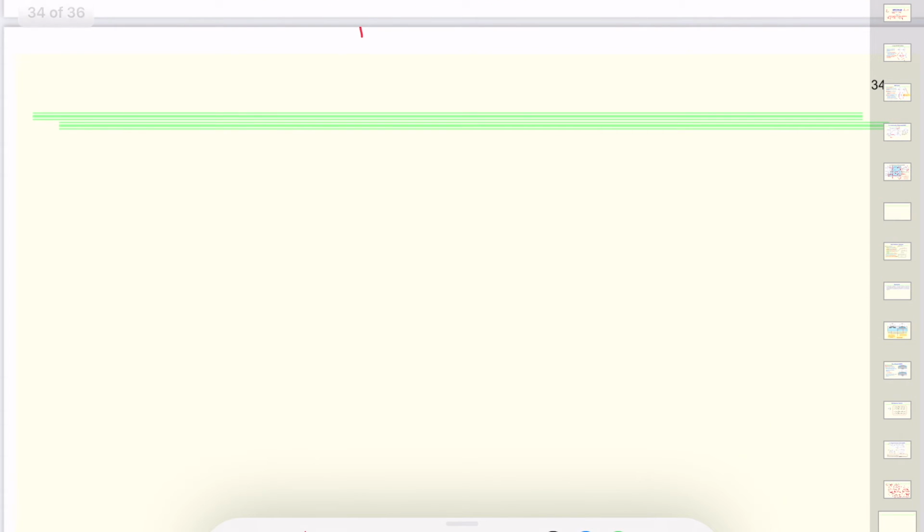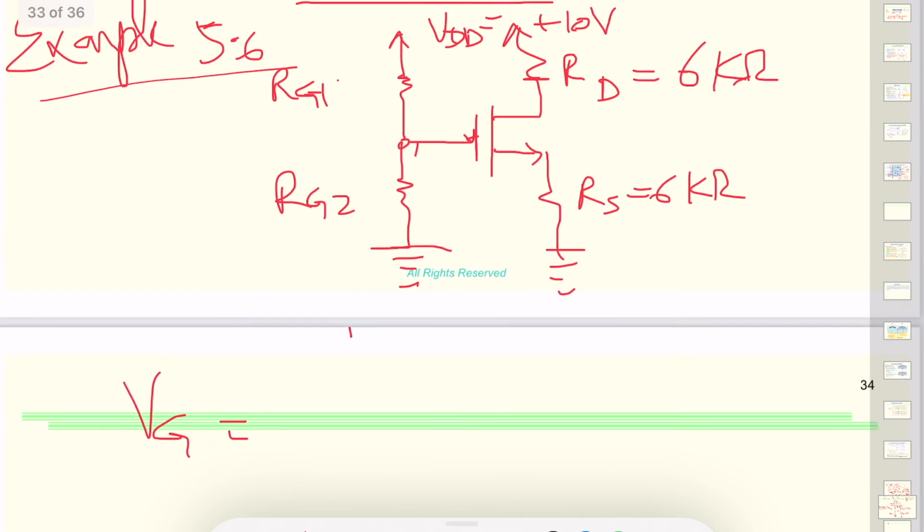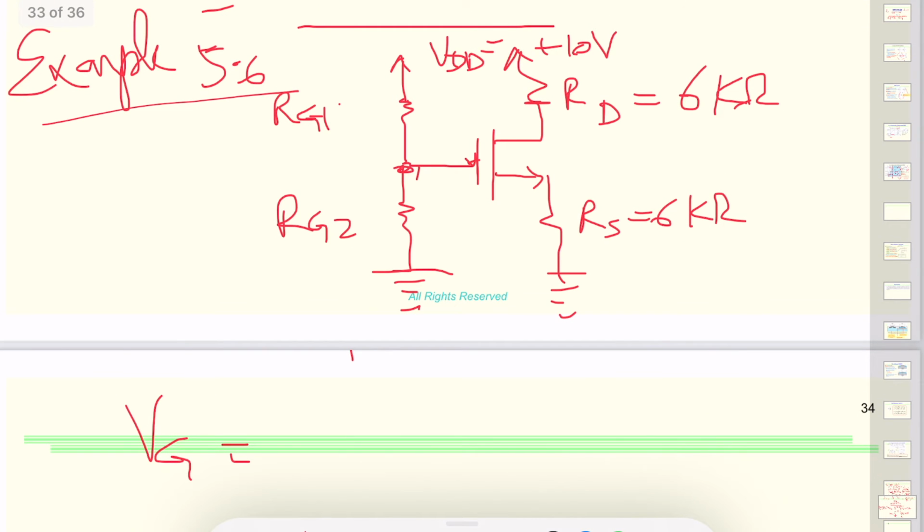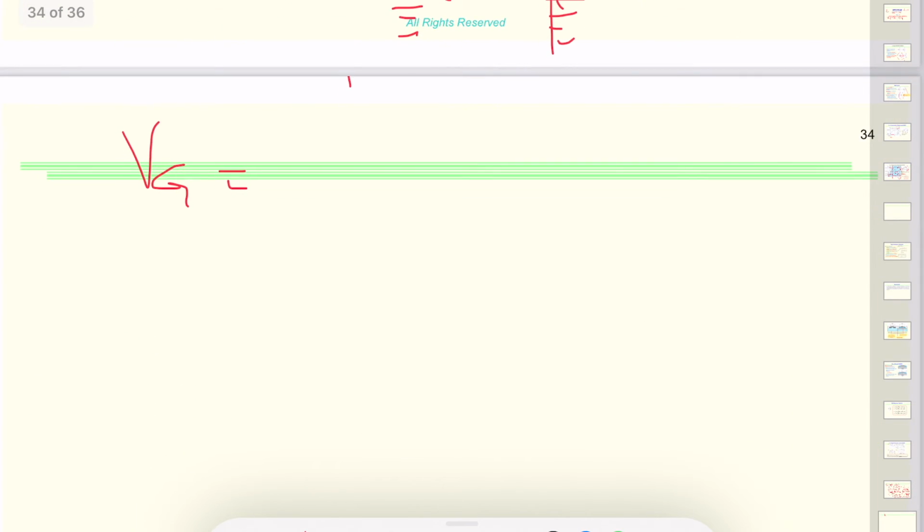Straightforward, if you want to find the gate voltage, we can look at these two resistances, which are forming a voltage divider on the input side, and RG2 is towards the ground. So we would see what the gate to ground voltage is.